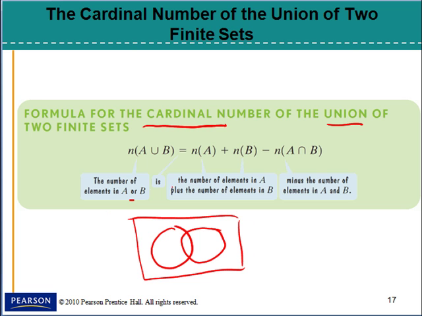Here's A, and here's B. This piece right here is the common area. If you take A plus B, you already count that common area, so we actually count it twice because they overlap. We have to subtract the overlap part, the common one, out.